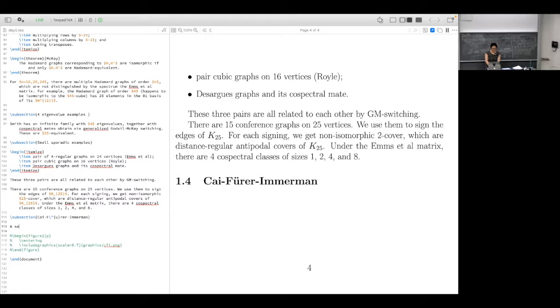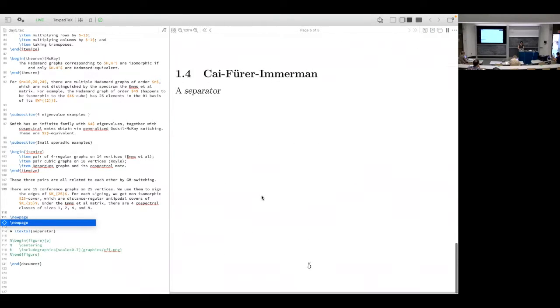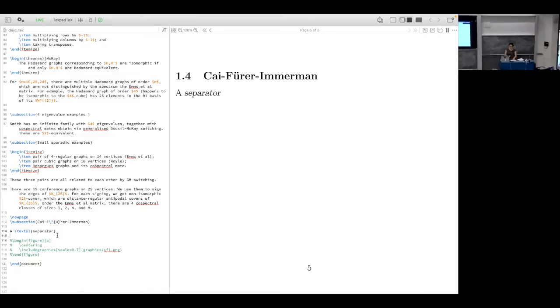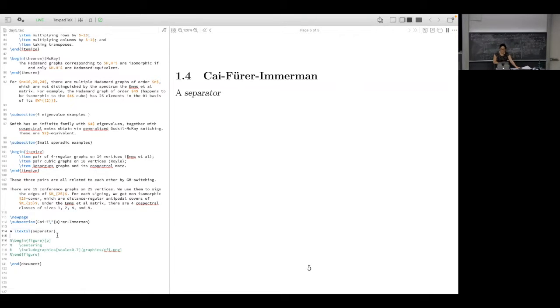So a separator in a graph. What do they construct? They construct graphs that are k-equivalent for arbitrary k, but they are going to be regular. So in the end, this will result in cubic graphs that have maybe many eigenvalues, but will be k-equivalent for some appropriate k. To tell you the k, I have to define what a separator in a graph is.